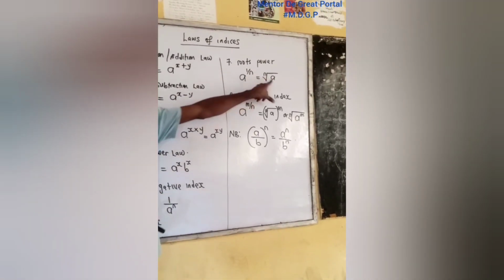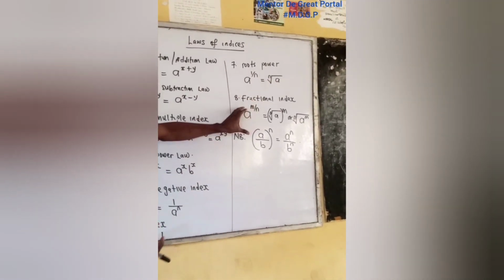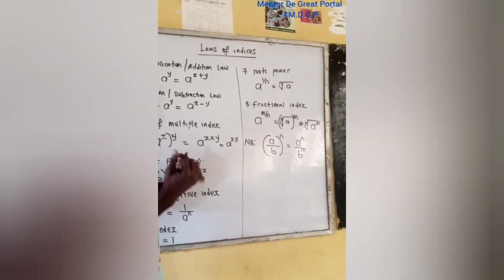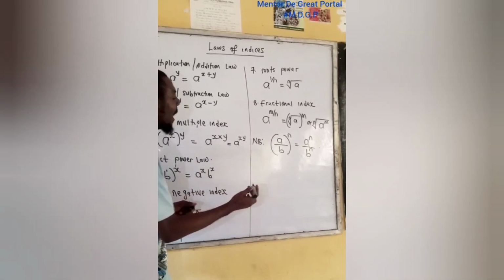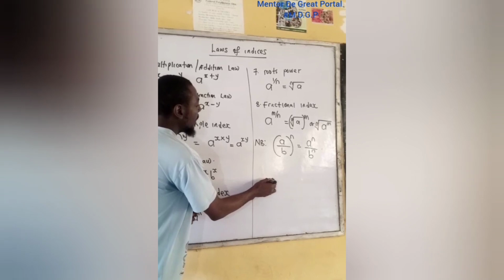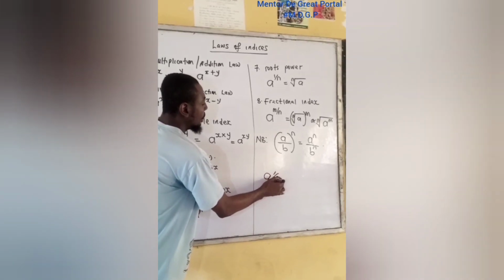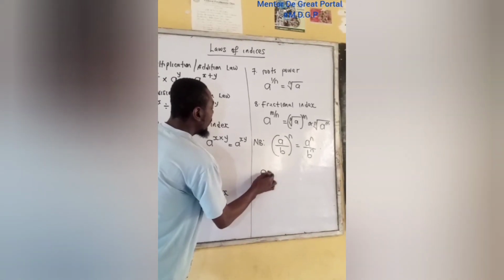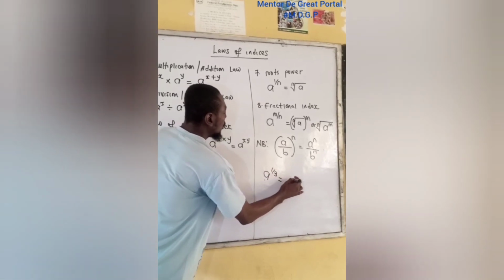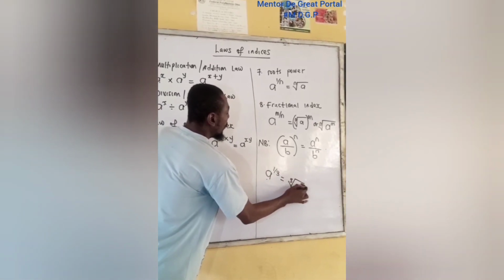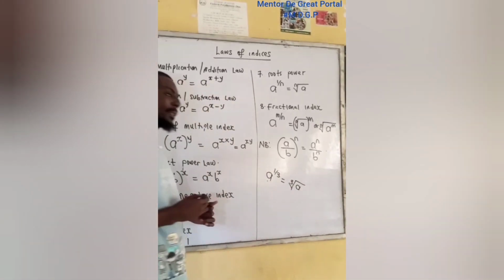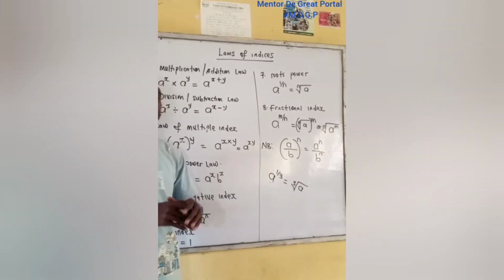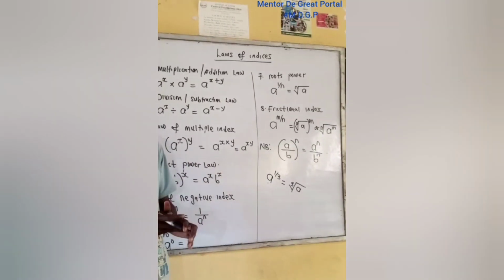Any root of what? a. Meaning, if I should have a raised to power 1 over 3, it should be equal to the third root of a. The 3 will now come as the index of the square root.